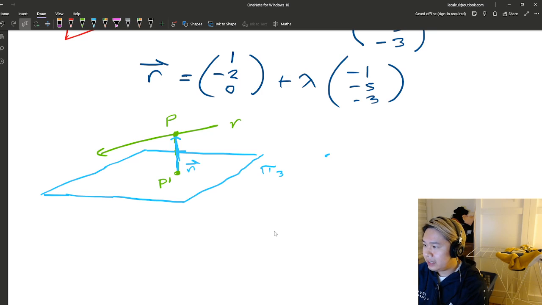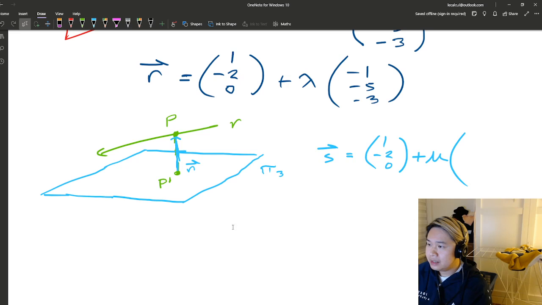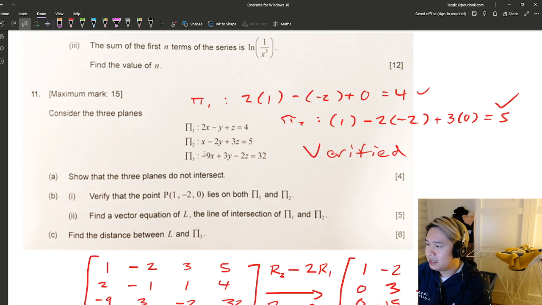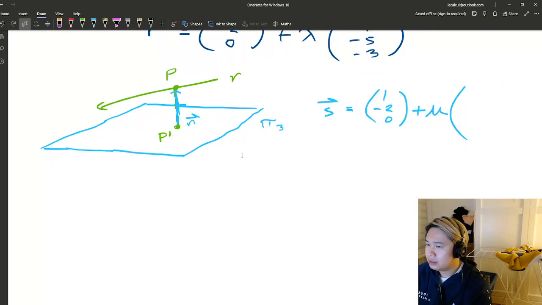So I'll call that S, and we can reuse the same point, but for the direction vector I'll use a different scalar, so I'll call it mu. The direction vector of this line is, like I said, the normal to the third plane. So it's (-9, 3, -2).